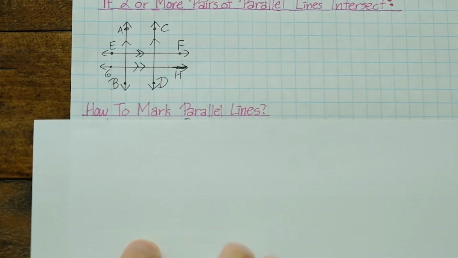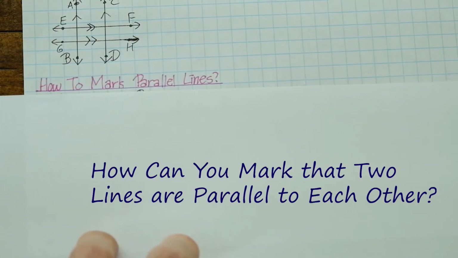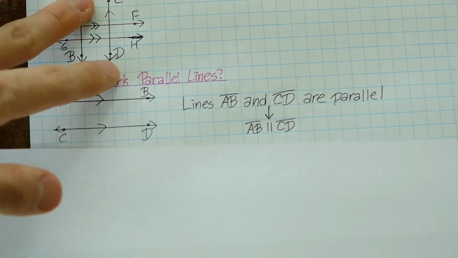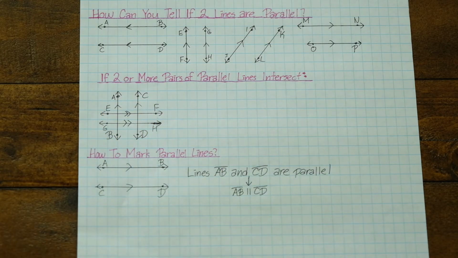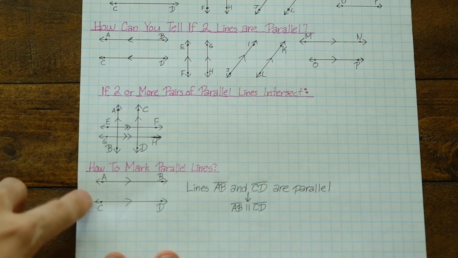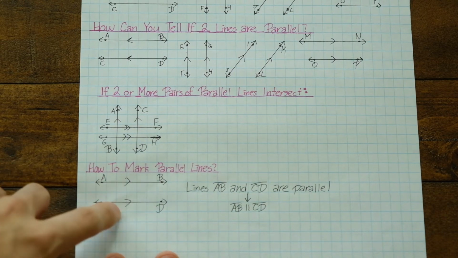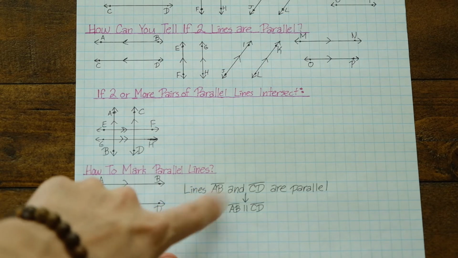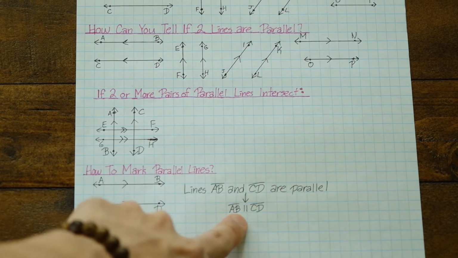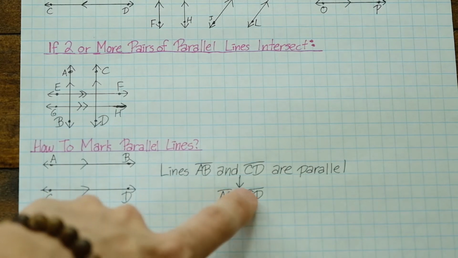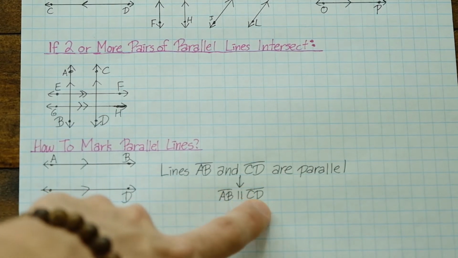Another question is how you can mark parallel lines. This is the last thing I will cover before going on to the quiz. Once again, you can see that there are 2 parallel lines because of the arrows. Instead of writing "lines AB and CD are parallel," because that takes a little bit too long, you can just write AB, 2 vertical lines, CD.